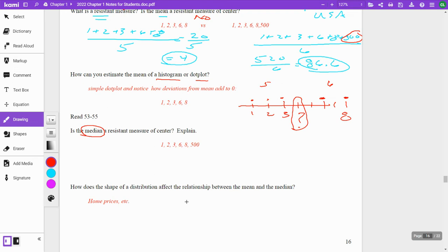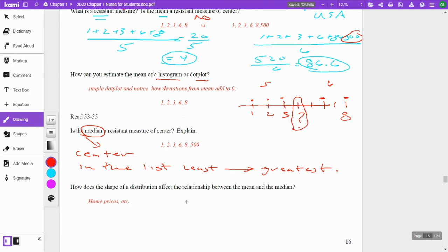When we're looking at median, median is the center in the list from least to greatest. Okay? So it's just the center, but it's the center of the list.